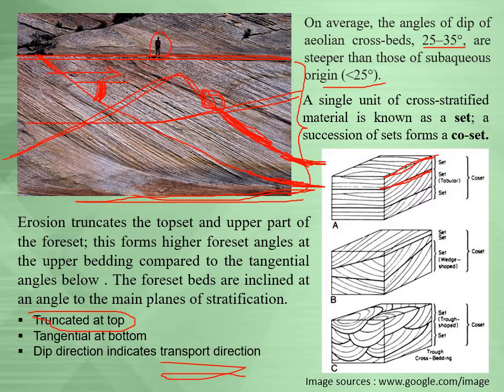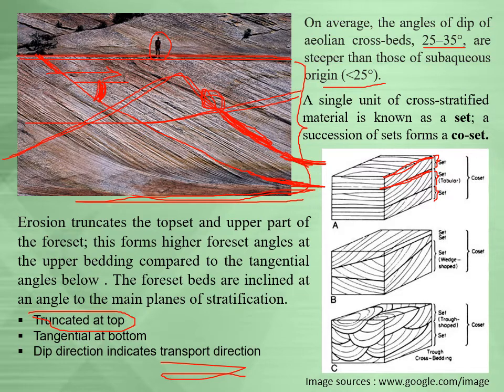So this is one set of cross bed. The layer below again consists of some cross beds, so it is another set, and it is also bounded by two bounding surfaces. And the bottommost layer is again bounded by two bounding surfaces. Within it there are some inclined internal laminae, that is the cross laminations or cross beds. It is again known as a set.